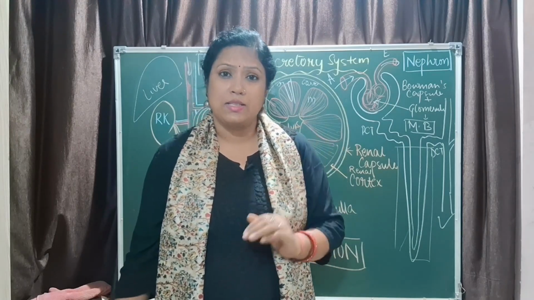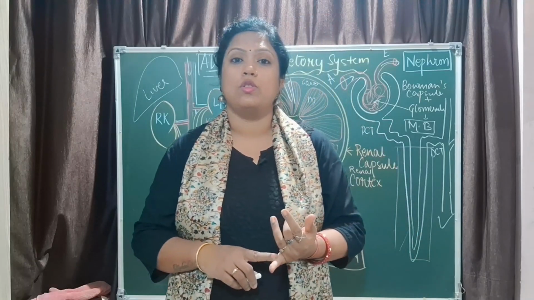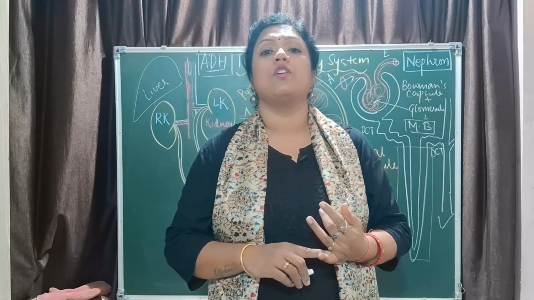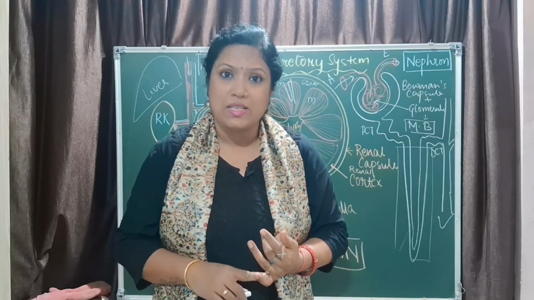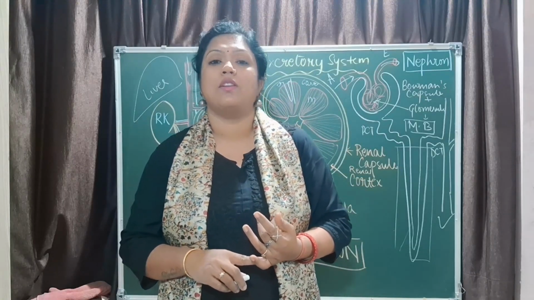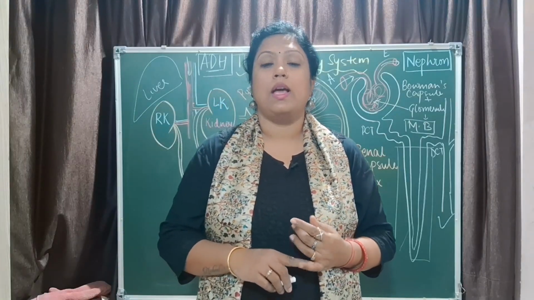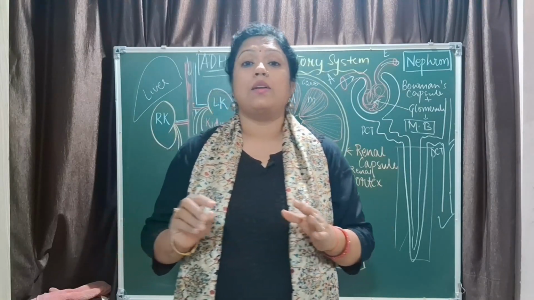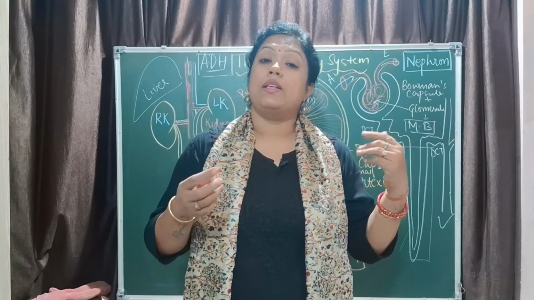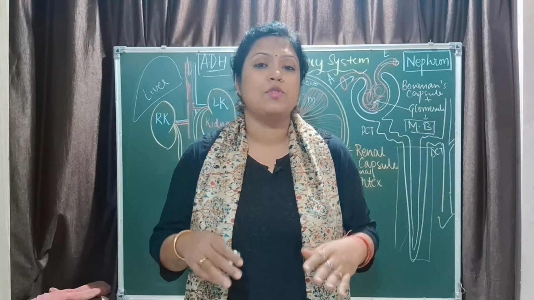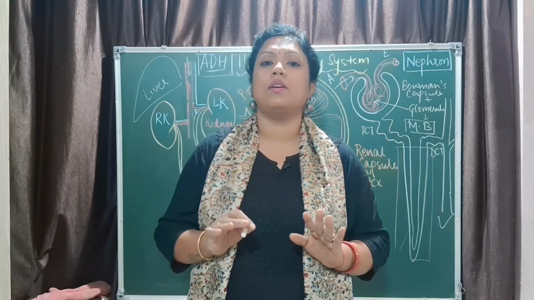So there are certain diseases related to your excretory system that we must know. One is glucosuria, that is release of glucose in the urine. A person suffering from diabetes mellitus tends to release extra glucose in the urine, and the condition is called glucosuria. Albuminuria means the albumin protein is not reabsorbed properly by the kidneys, by the nephrons, so it is given out in the urine.